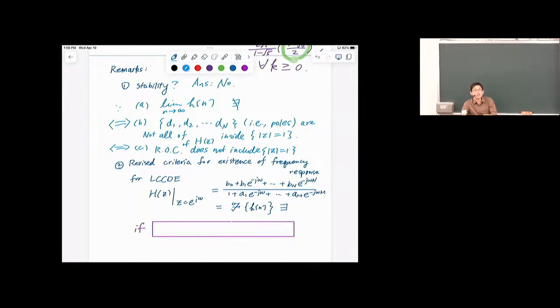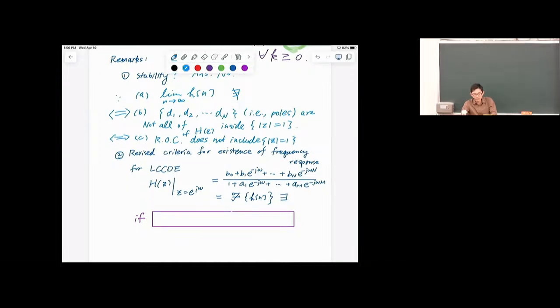In this case, actually the fourth way of seeing that the system is not stable, one other way of seeing this, is to realize that the frequency response cannot be discussed.